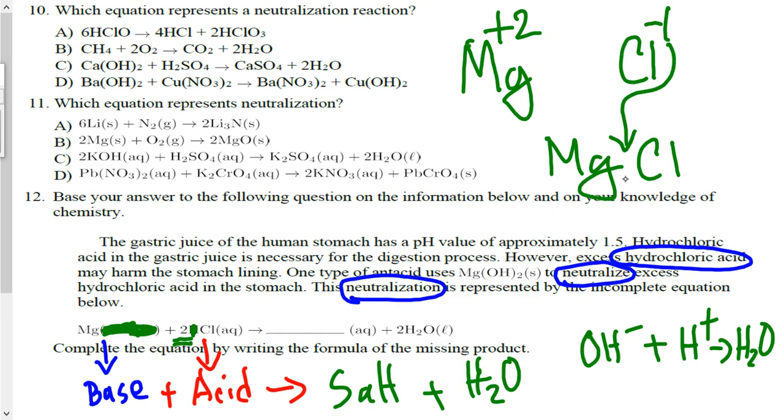This number will be right here at the bottom as a subscript, and this 2 will be there for chlorine as a subscript. So either way, you will get MgCl2 for the missing product, which is the salt in this case for this acid-base neutralization reaction.